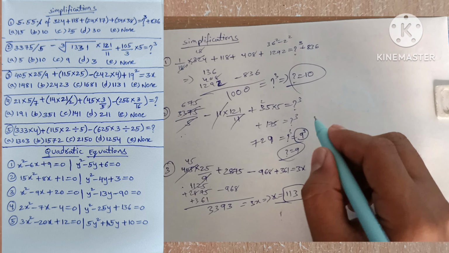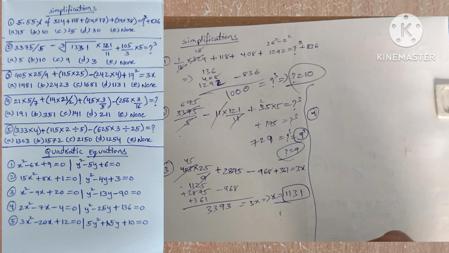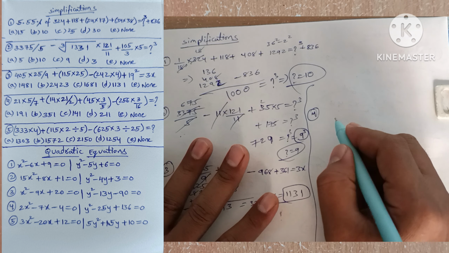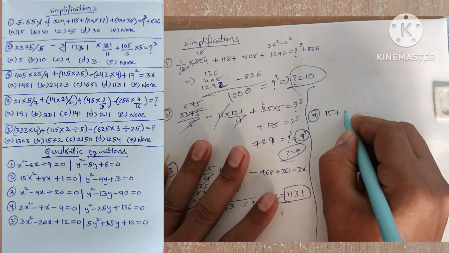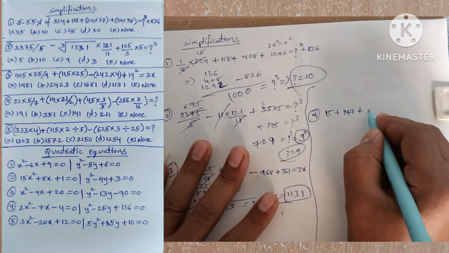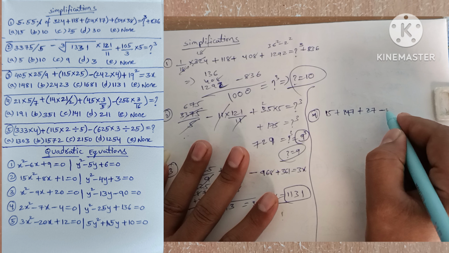Now question number 4. 21 into 5 divided by 7. 7 3 is 21 and 3 5 is 15 plus 14 into 21 by 2. 7 into 21. 7 1 is 7, 7 2 is 14, 147 plus 45 into 3 by 5. 9 3 is 27 minus 16 into 3 48.